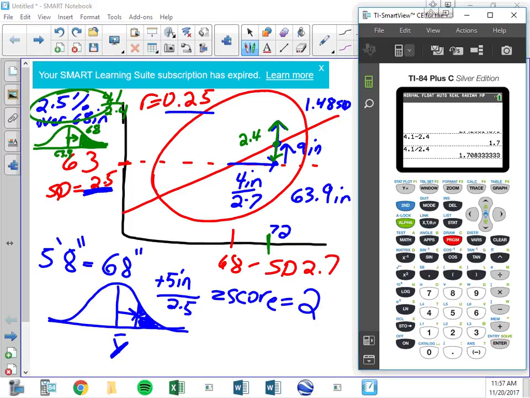So if I clear out my draw, and then I do shade norm, and I'm going to go from 1.7 to 5, we would expect an answer that is bigger than 2.5. And I get 4.4. So 2.5% of the women are above 5'8". But if the husbands are 6 feet tall, then 4.5% of the women are above 5'8". Yep.